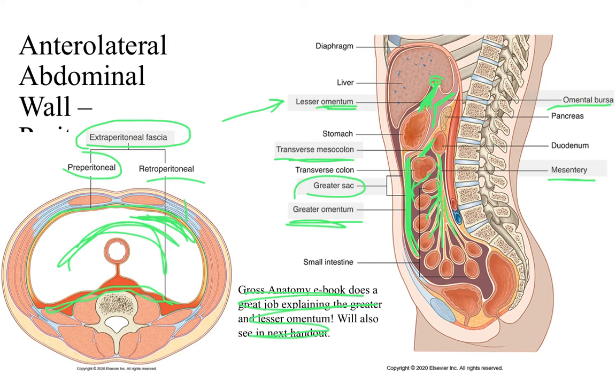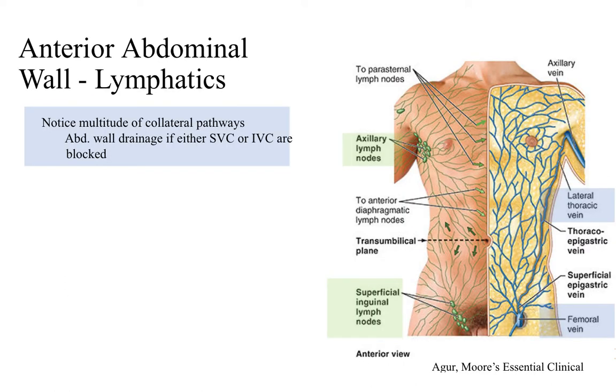All right, so now we want to consider the drainage of the abdominal wall, sorry, not the abdominal cavity. And notice that here would be your axillary vein here, and here would be your femoral vein. And you have this main vein that's going between them. All right, notice that's connected.